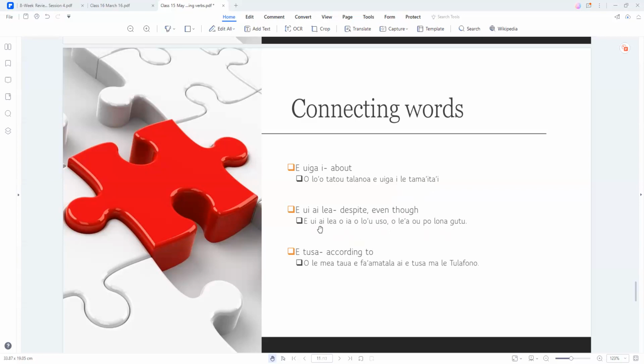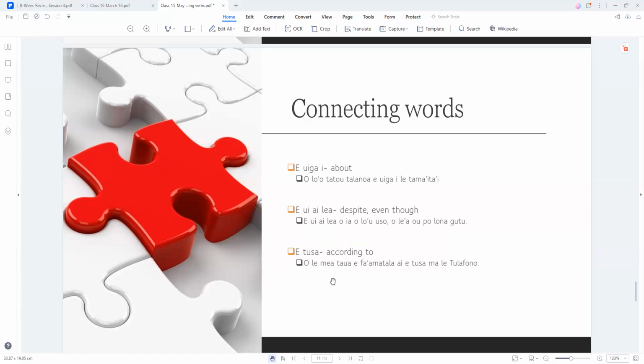All right. So the most important thing here is to know ewi ailea is despite or even though. And then etusa, according to, or in reference to this or that, ole me tawa, the important thing, matalai, is to explain etusa tulafono according to the law.